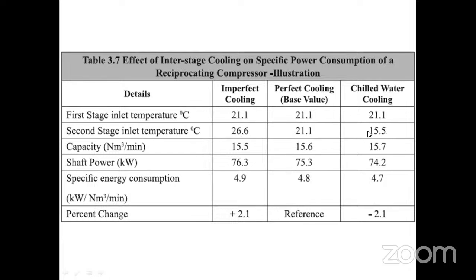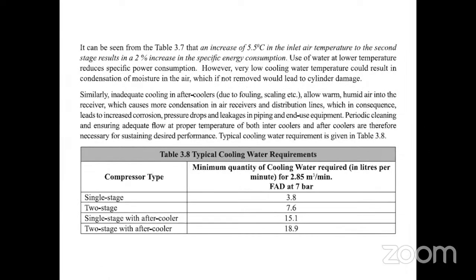In chilled water cooling, it is further reduced to 15.5. And the cubic meter capacity, you see, in the first case it was 15.5, second is 15.6, in the third case it is 15.7. Specific energy consumption is also 4.9, 4.8, and 4.7. Quantity of cooling water, just have a look at it.